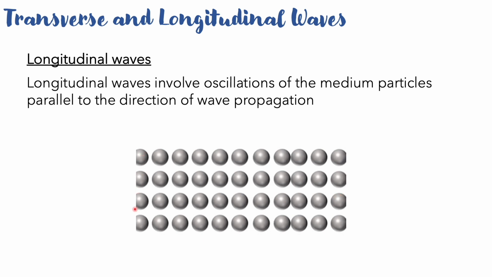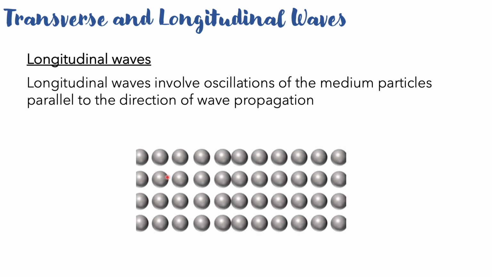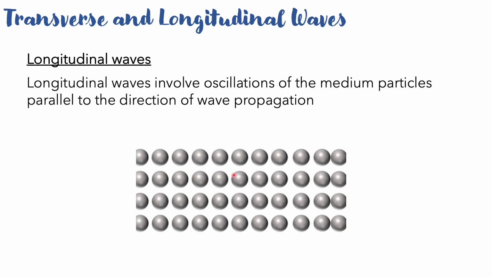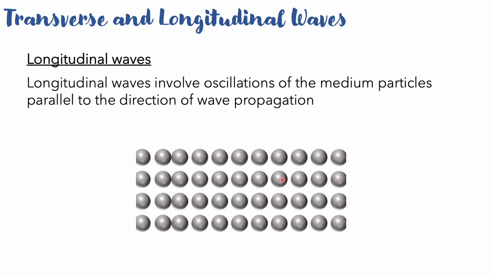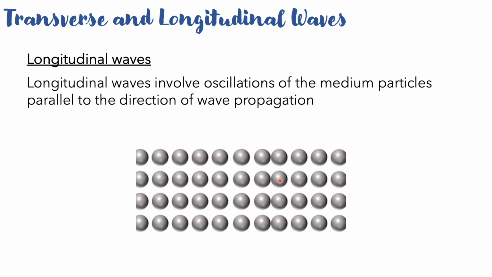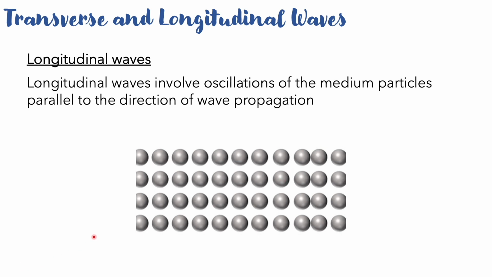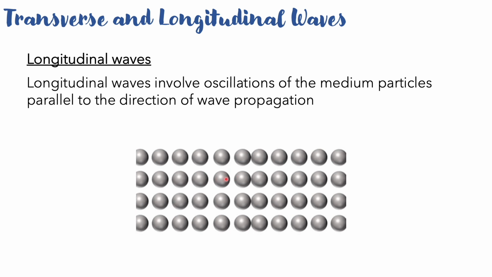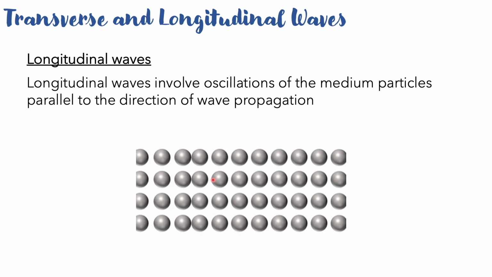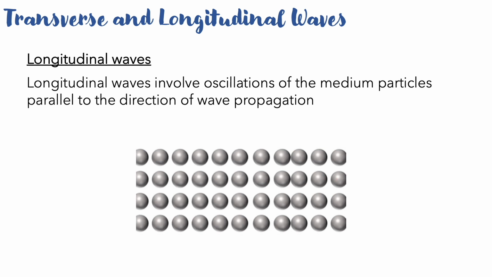These particles transfer energy to these, and they to the next ones, and so on. So this is also an example of longitudinal waves, because if you look carefully, these particles are only moving along this direction, parallel to the direction of propagation of the wave.